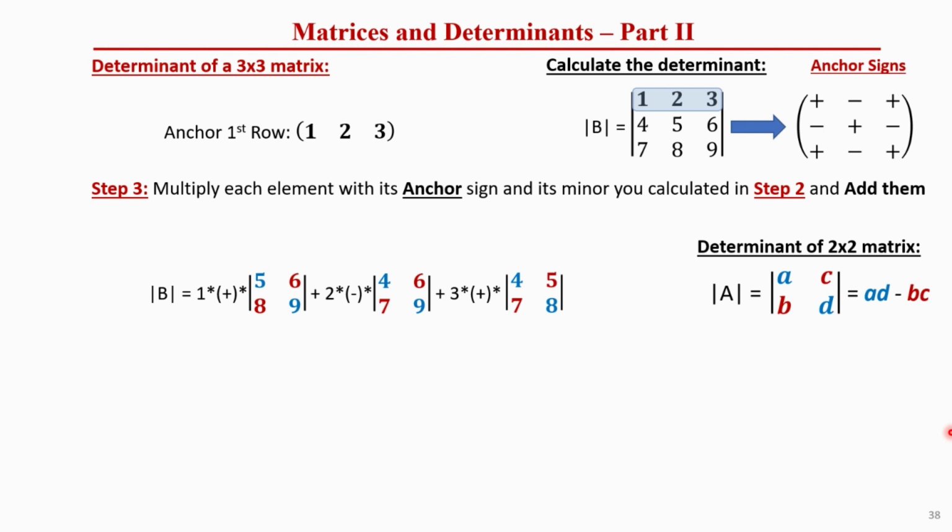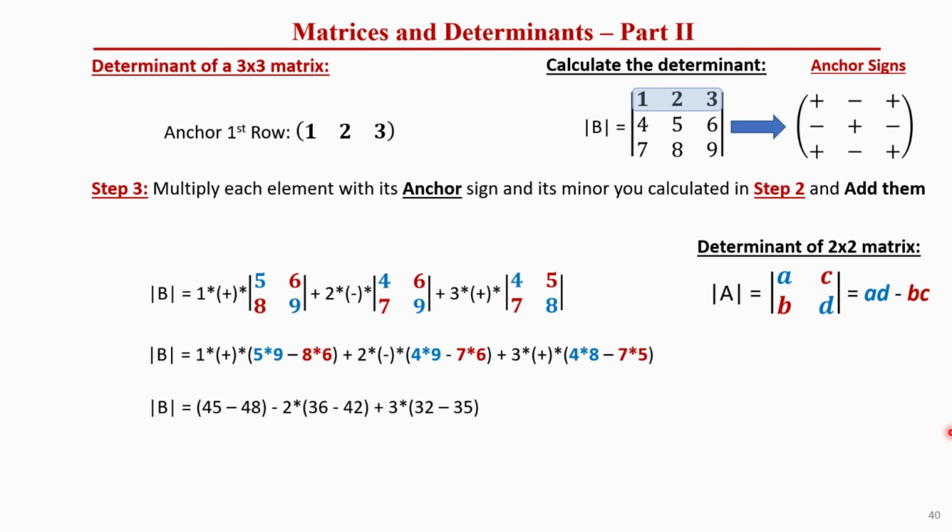And we already know how to calculate the determinant for a 2 by 2 matrix, right? We cross multiply the elements starting from top left and then subtract the products. We can do that. That's easy math, right? So once we do the math, we end up getting 0. That's the determinant for 3 by 3 matrix B.